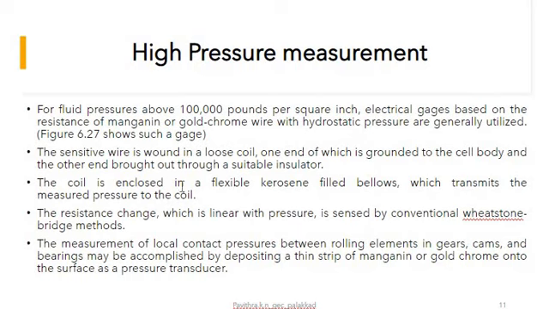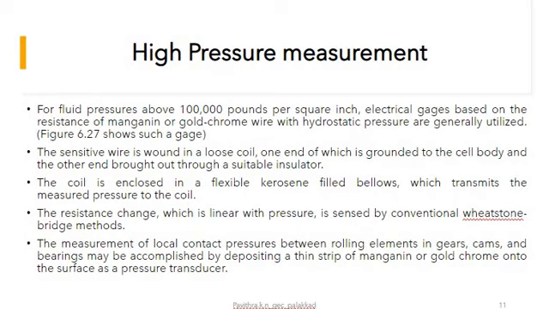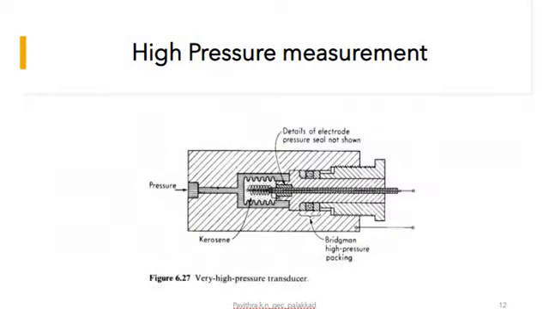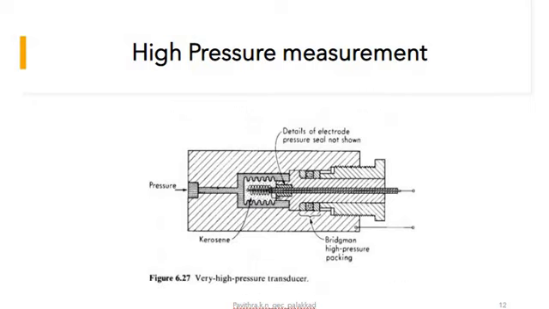The coil is enclosed in a flexible kerosene-filled bellows, which transmits the measured pressure to the coil. So this is the bellows here, and this is the kerosene inside, and this will transmit the input pressure to the coil. You can see there is a coil surrounding the thin wire. So this kerosene-filled bellows will transmit the input pressure towards the coil.